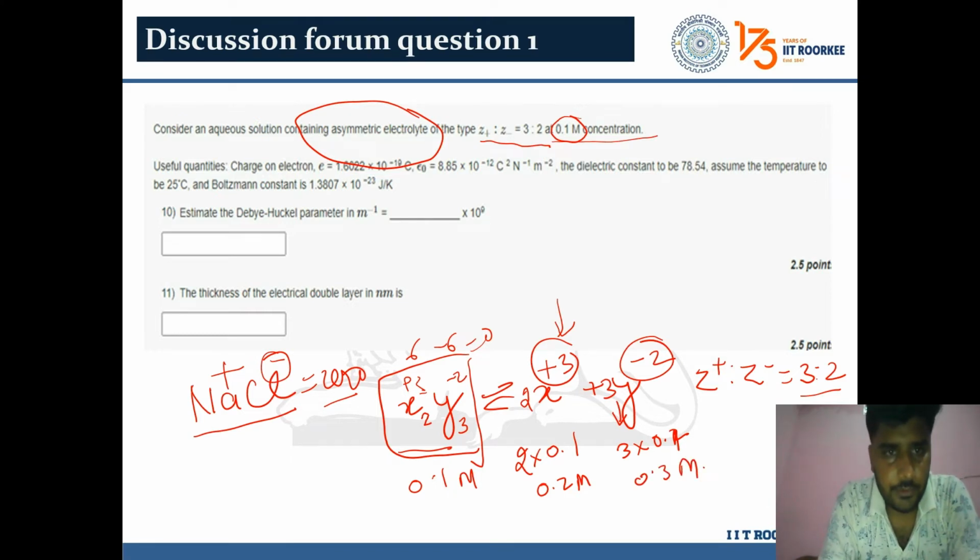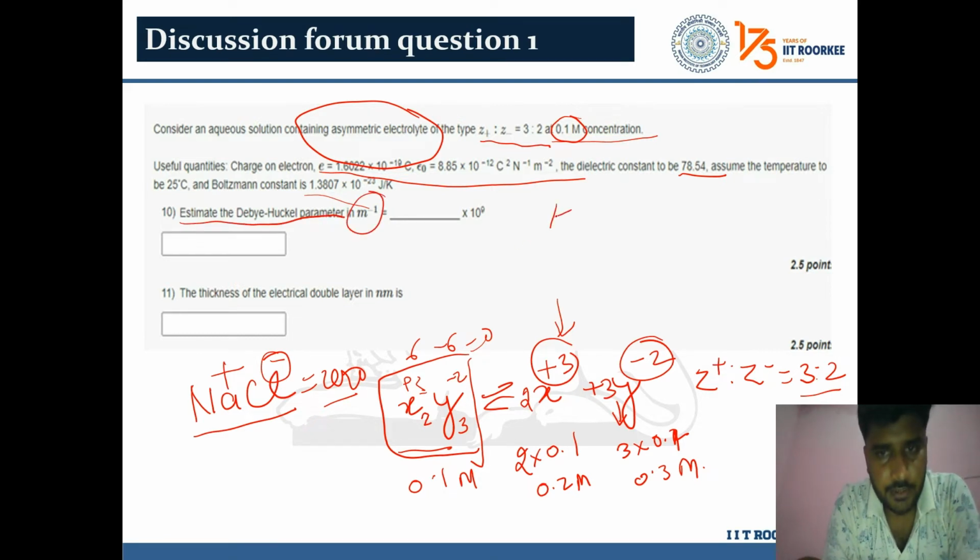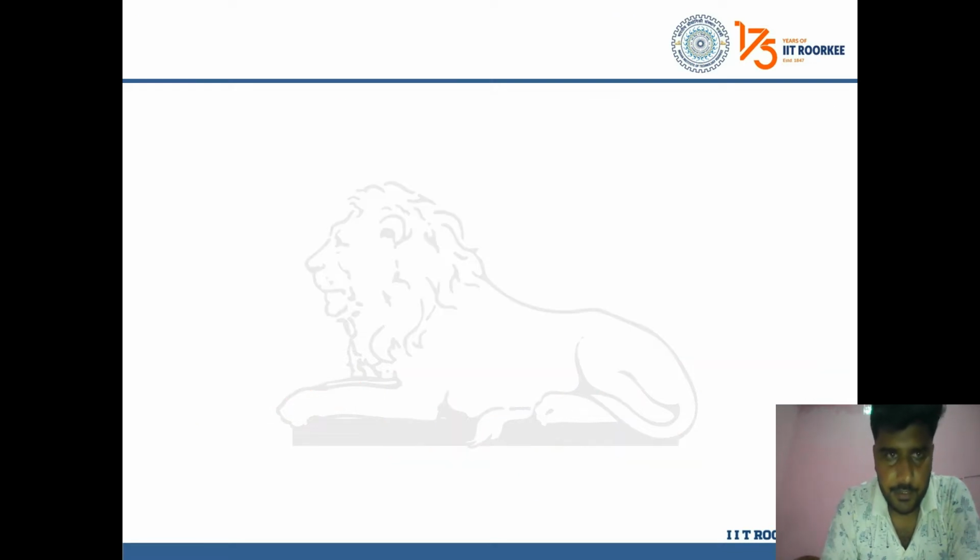These are the standard quantities provided here. You have to calculate the Debye-Huckel parameter in meter inverse, that is, the kappa value. Let me write the formula.